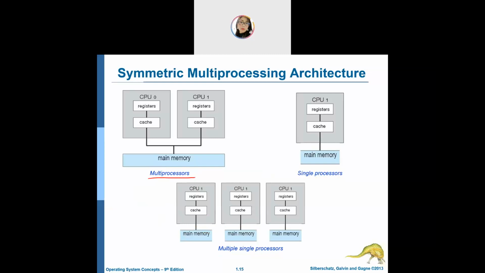It will be a multiprocessor when one main memory is connected and divided into several CPU. Okay, you can see it's very clear in terms of the differentiation: single processor, multiprocessor, and multi-single processor.